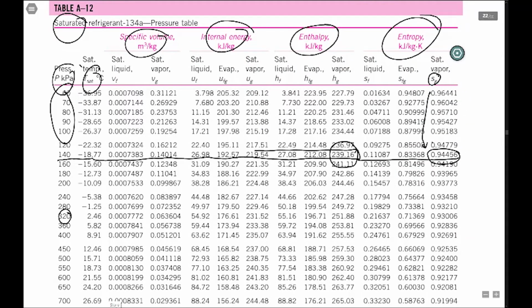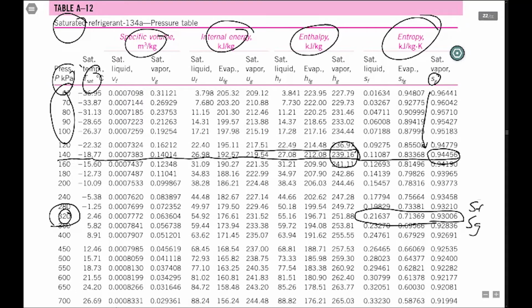So now my state 2 pressure is 320 kPa or 0.32 megapascal, and our entropy at state 2 is 0.94456. To name its state, we need to compare the value with Sf and also Sg.